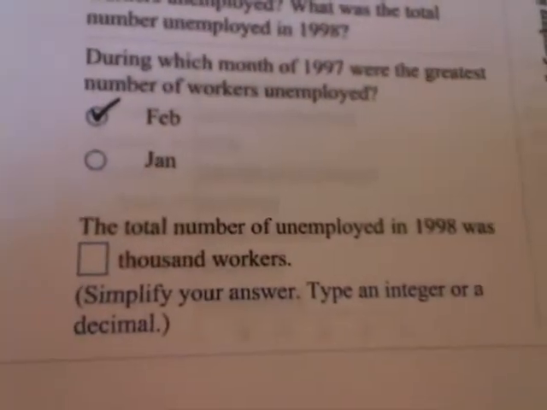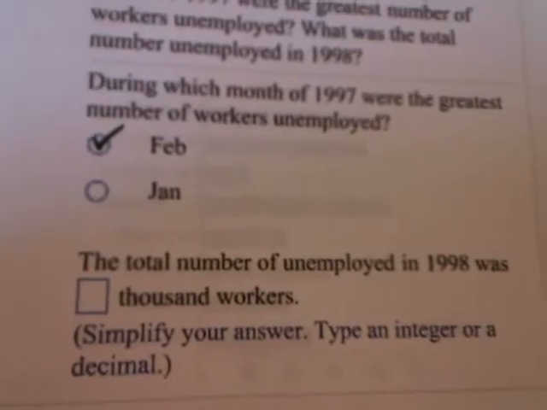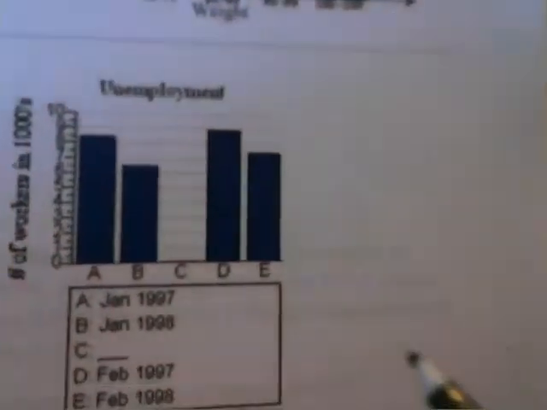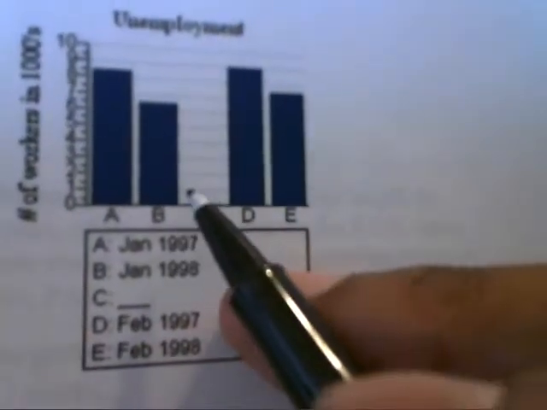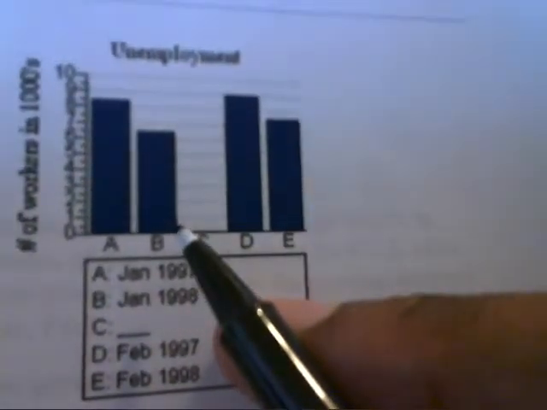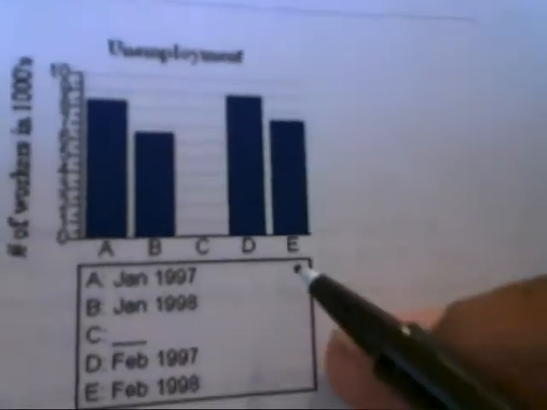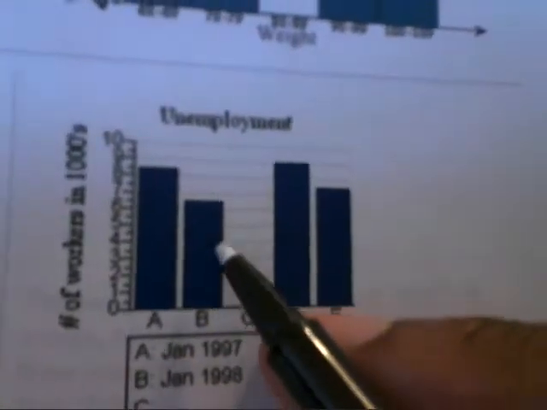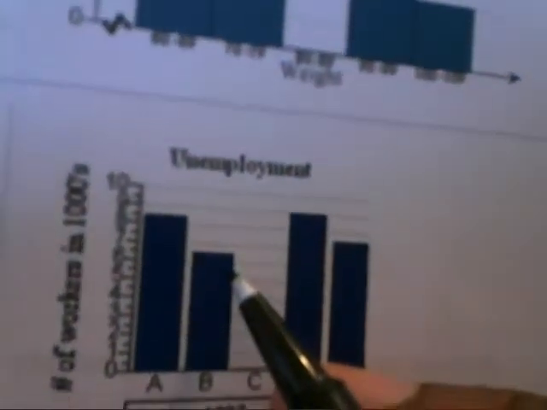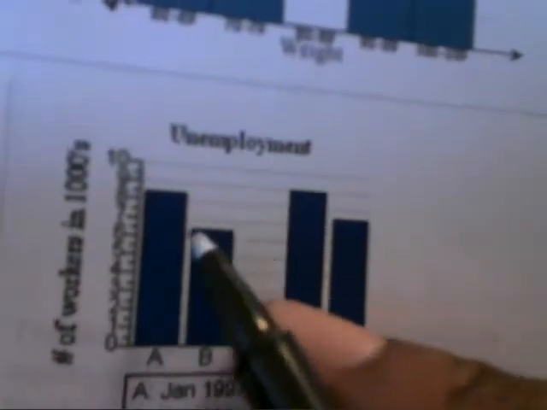And then the next one, the total number of unemployed in 1998 was how many thousand workers? Okay, B represents the number of unemployed workers in January 98, and E represents the unemployed workers in February 98. By looking at this, under B, there were 6.5 workers unemployed.